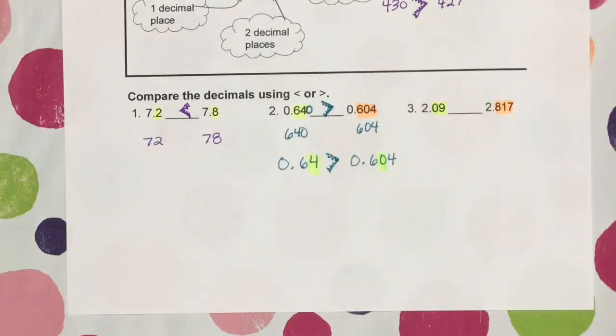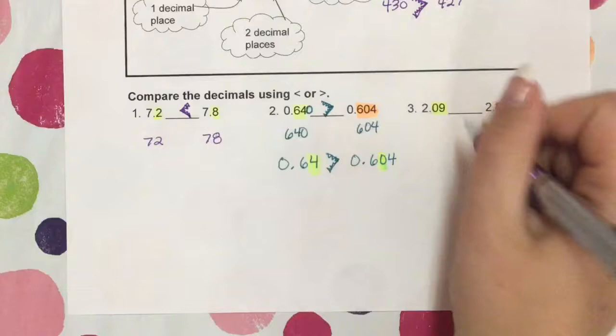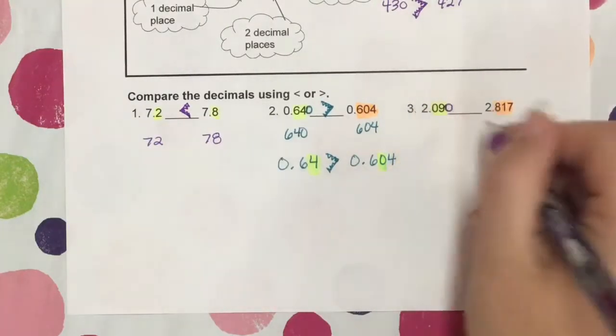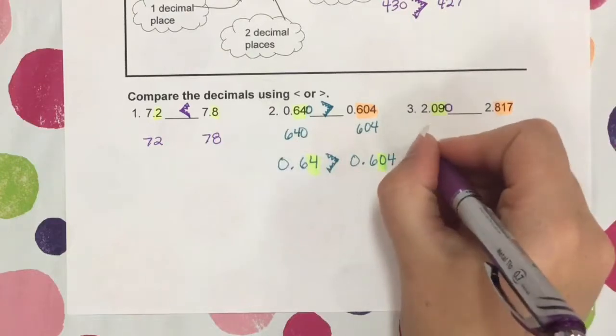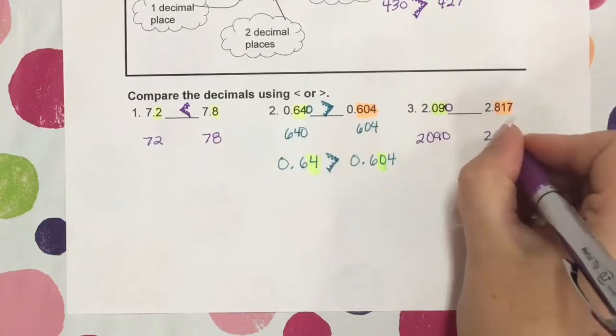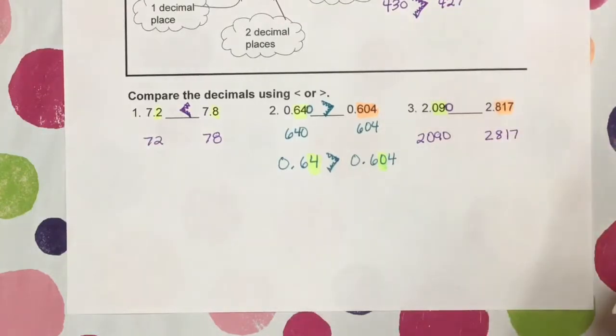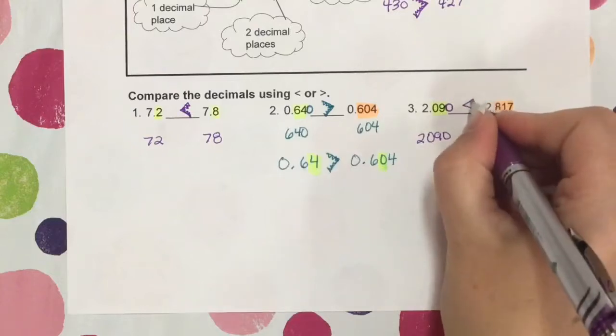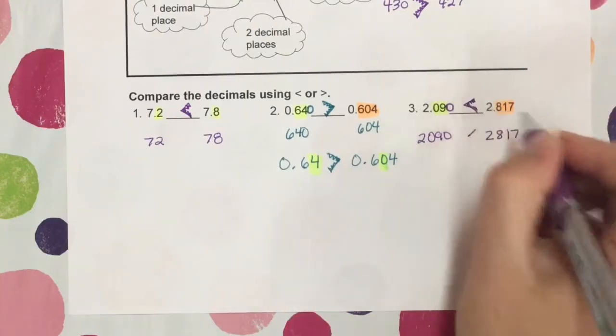The textbook talks about adding a 0 so that they have the same amount, and then you just ignore the decimal sign. So we got 2,090 and 2,817. Well, it's obvious this one is bigger, so the alligator would eat the bigger number.